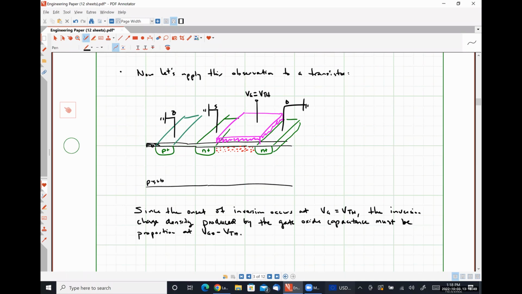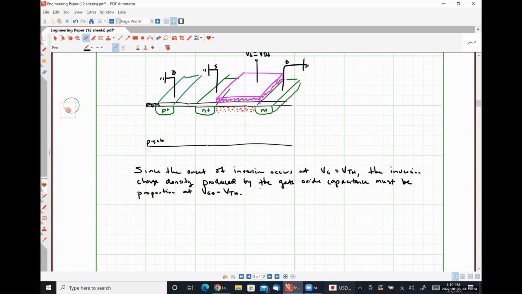If we were to increase VGS, any excess charge that's placed on the gate has to also occur in the channel. So for every positive charge we place on the gate beyond inversion, we have to pull a negative charge from somewhere.